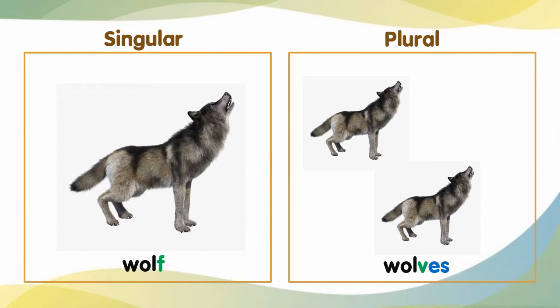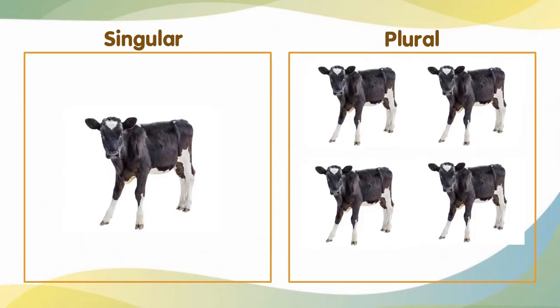To make a plural of a word ending in F, change the F to V and add es. Wolf, wolves. Calf, calves.